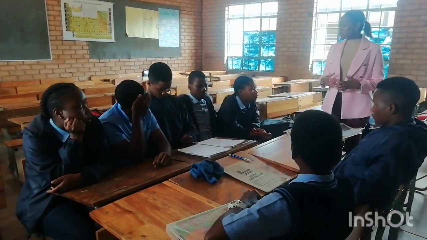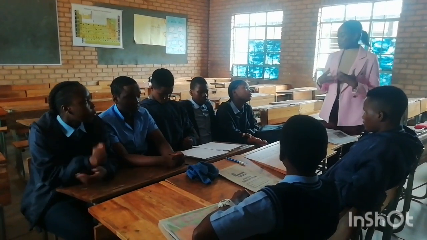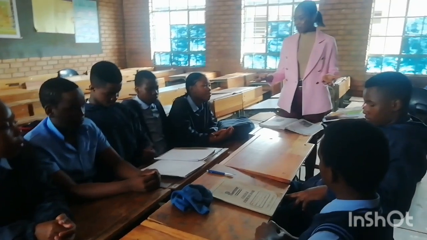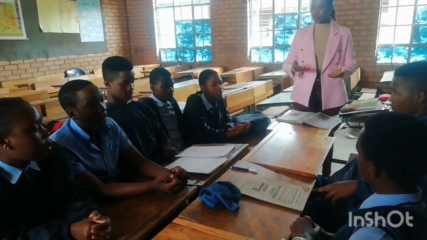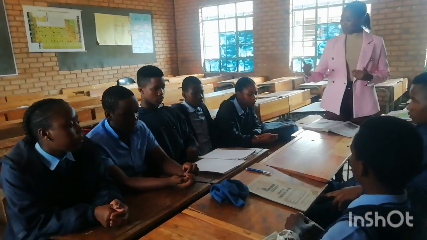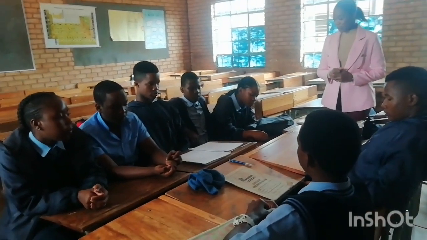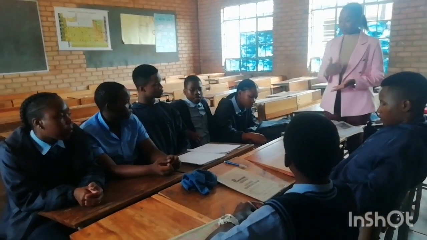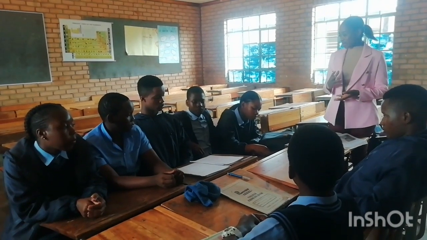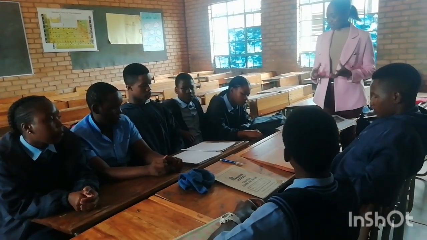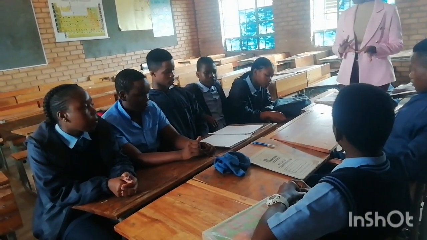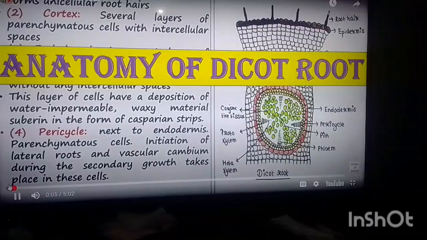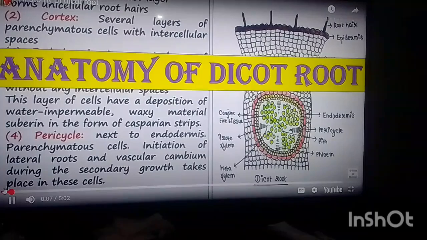It improves the skills. Skills for what? For confidence, for you to talk to your peers. Yes, you must have confidence. That's a skill. I'm going to give you a time after watching the video to discuss among yourselves, and after the discussion, I'm going to ask you some questions about what you have learned, about the anatomy of the dicot root.